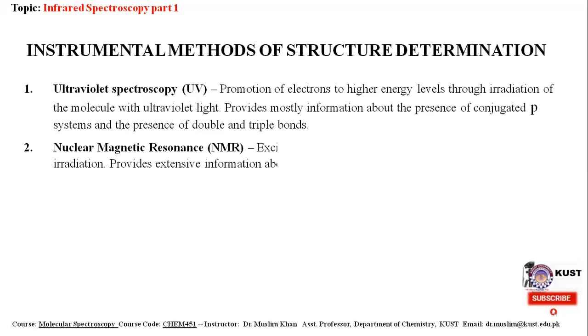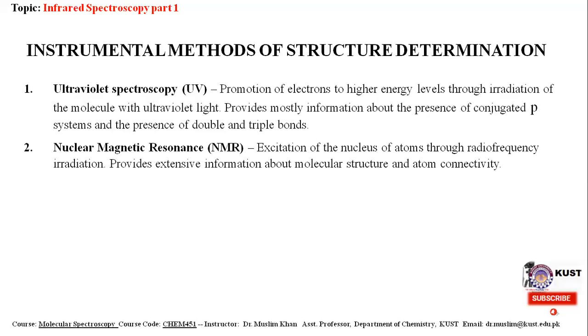The next one is nuclear magnetic resonance spectroscopy, shortly called NMR. What happens in NMR? Instead of UV radiation, radio frequency radiations are used for the excitation of the nucleus instead of the electron.